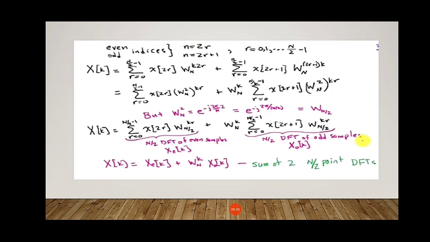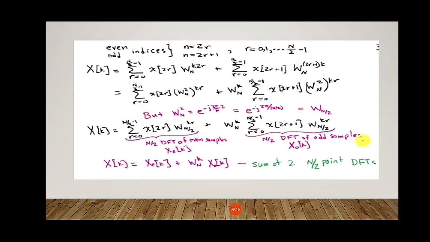Now, if n is equal to 2r, it will guarantee that n is always an even number, where r is equal to 0, 1 up to N by 2 minus 1. Similarly, if n is equal to 2r plus 1, it will guarantee n to be an odd number.